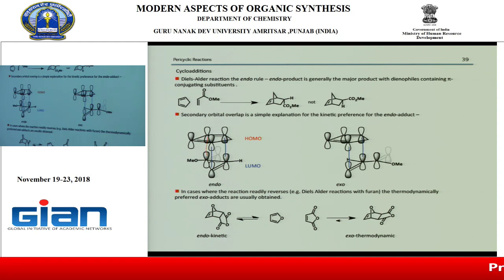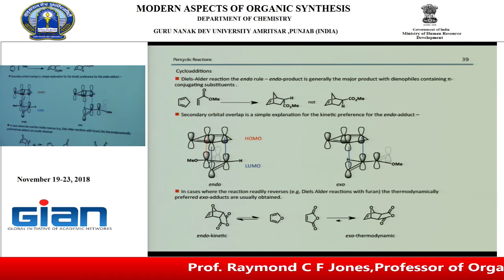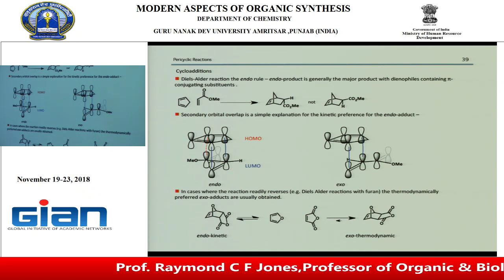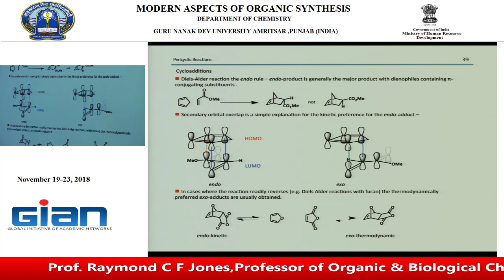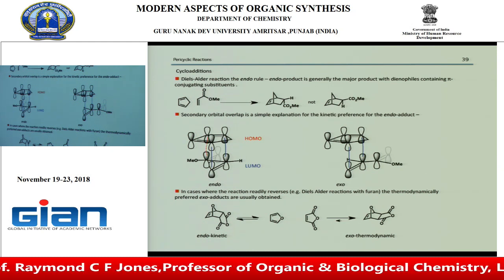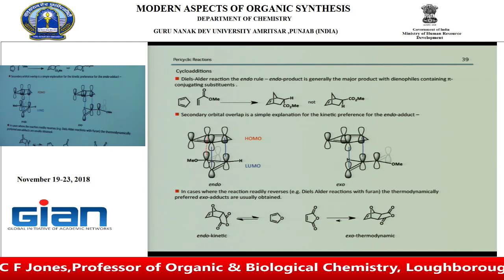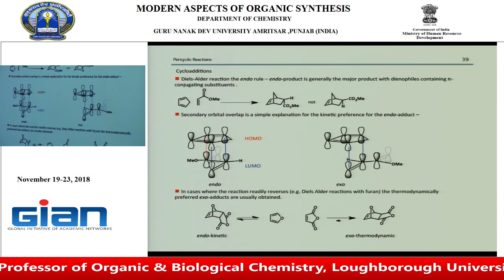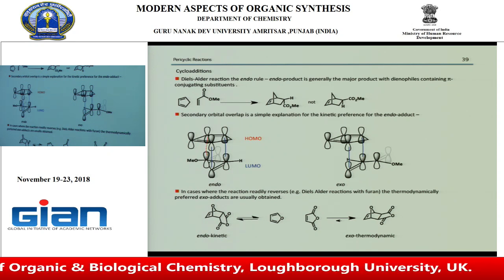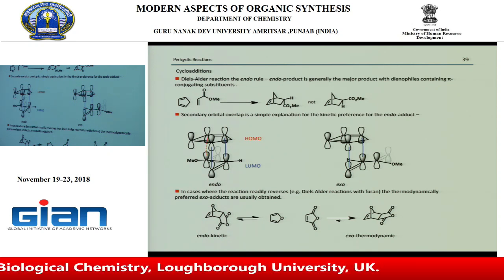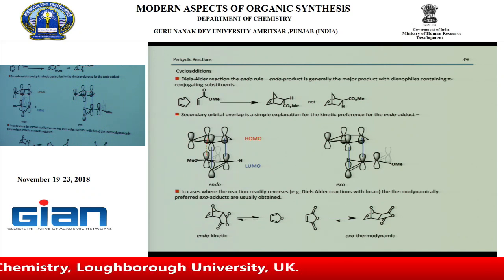In fact, I don't know whether you do that here, but this is done as a second year undergraduate lab experiment in my university and in many in the UK actually, where you take these two and you warm them up enough to get the reaction to go at all, and you end up with this product, and then you stew it up a bit more, and you end up with a different product.